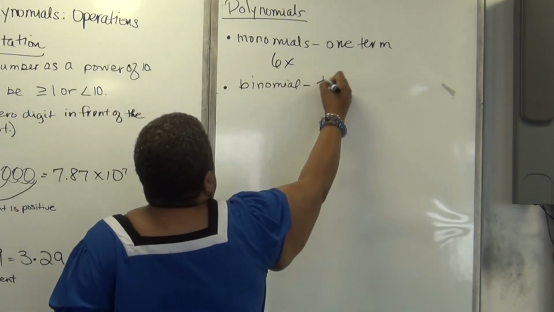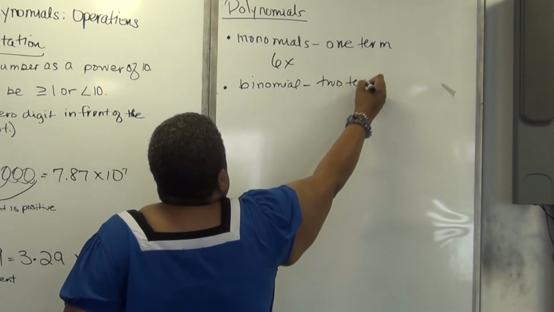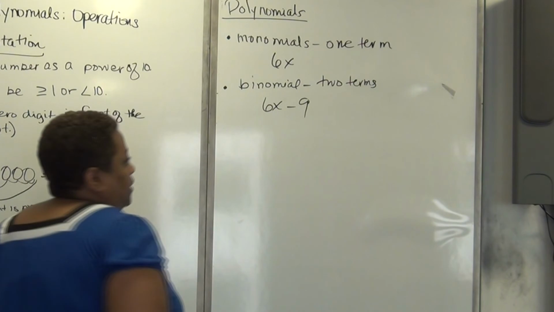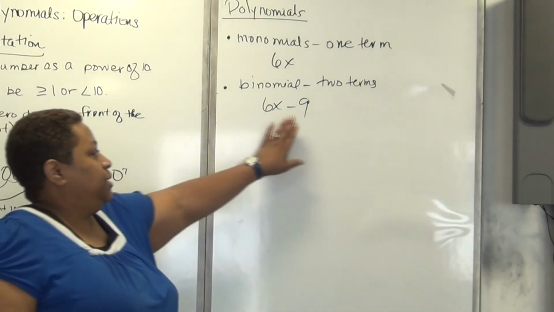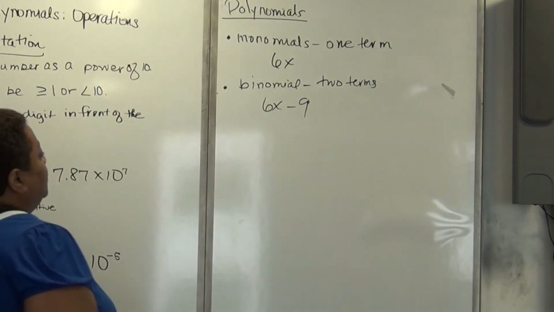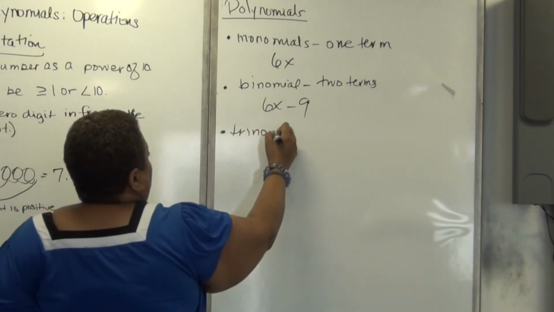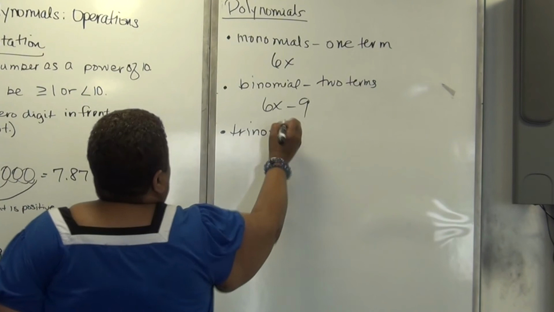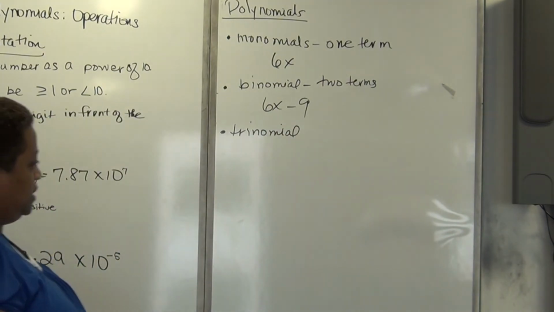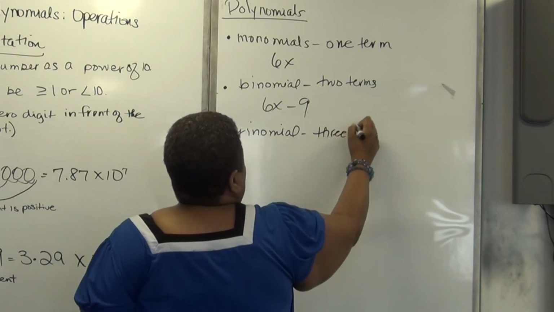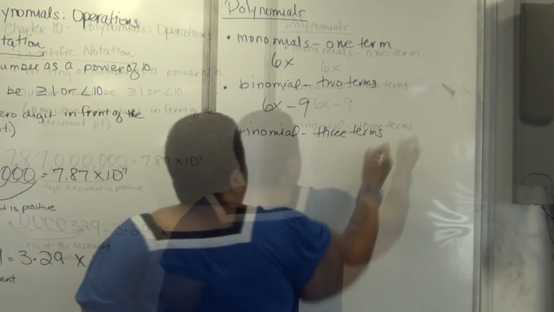A binomial is 2 terms, like 6x minus 9. 1, 2. Then we also have the trinomial. A trinomial is 3 terms.